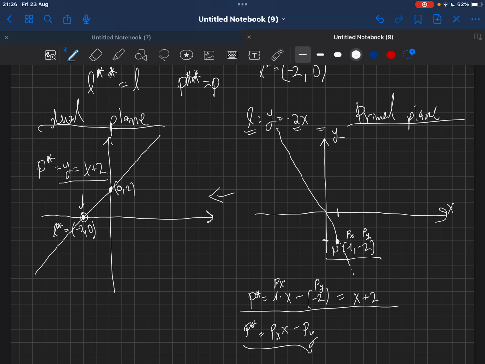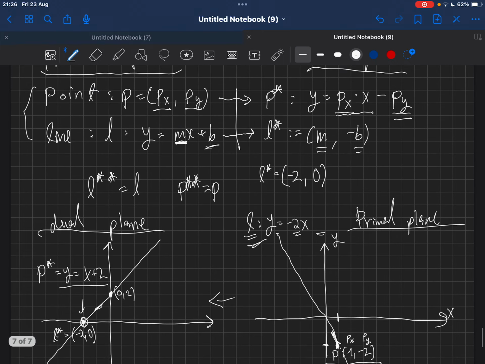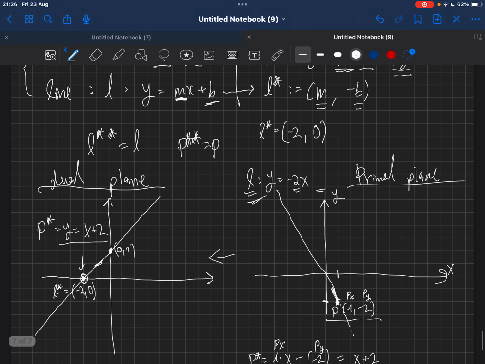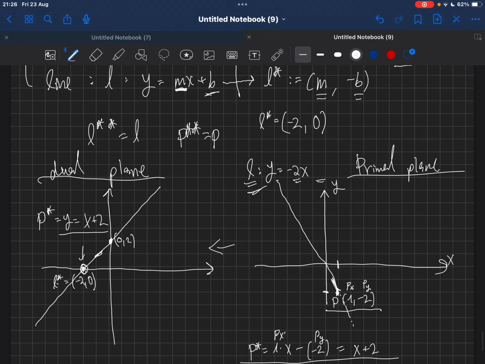You see that this point is on the line, and the dual line intersects the point where L is. This is not a coincidence. There are characteristics that can be used in the primal-dual planes to understand how the dual plane will look and where the point and line will be, and how they are related to each other. But we won't talk about it now.